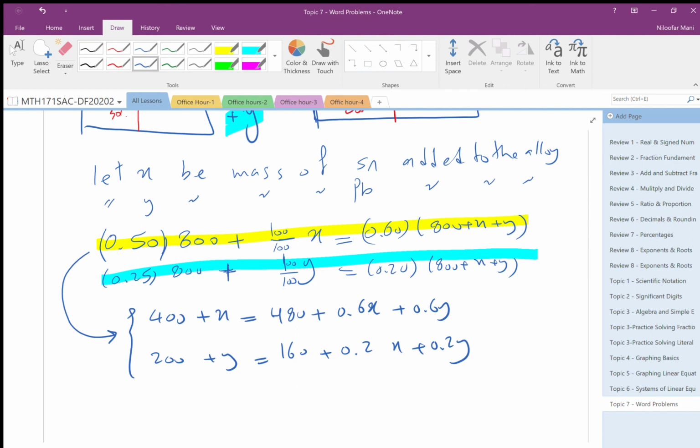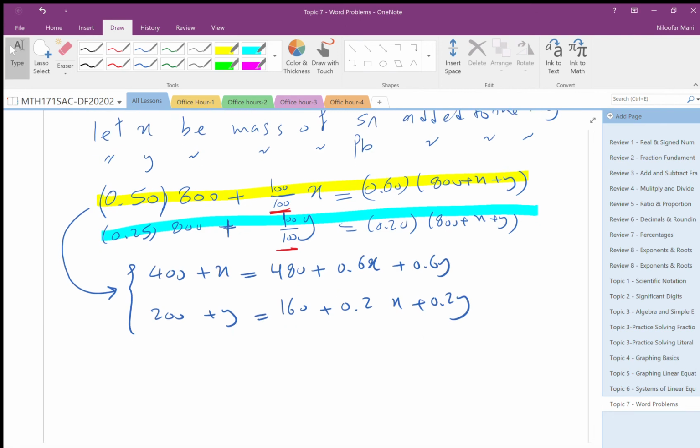So instead of, for example, 50 divided by 100, which is 0.5, it's 100 divided by 100. I made a mistake earlier: I did 10 divided by 100, that's why I had 0.1. No, it must be 1. So when it's 100%, it must be 1.